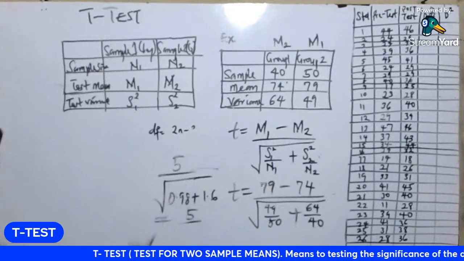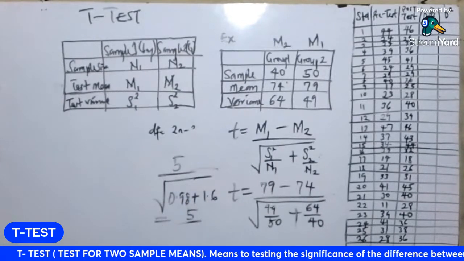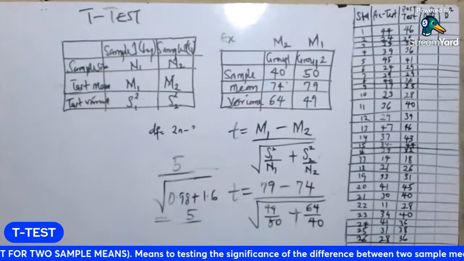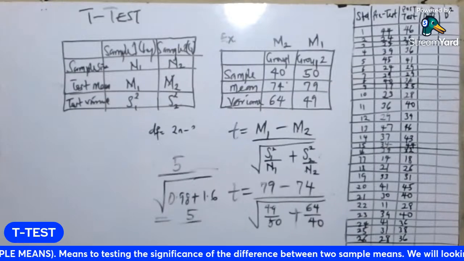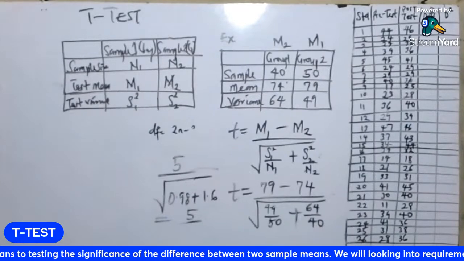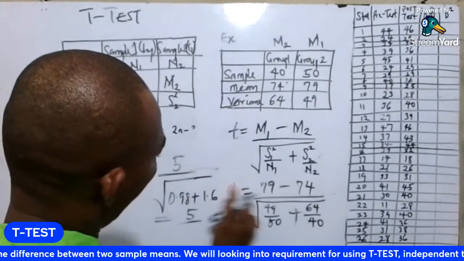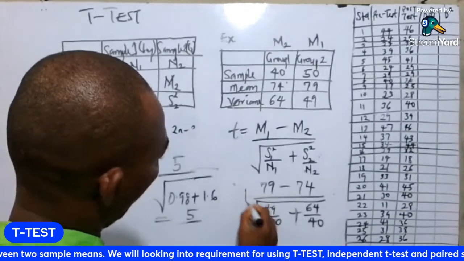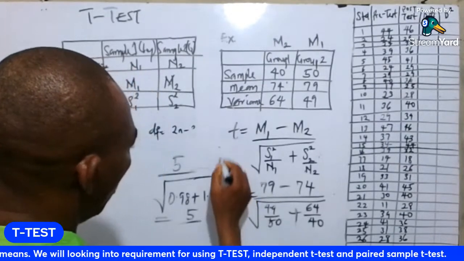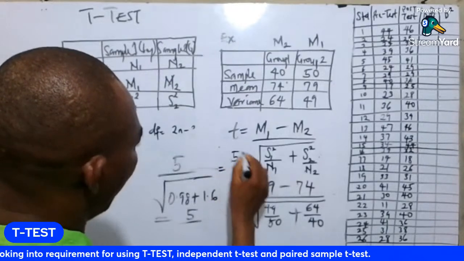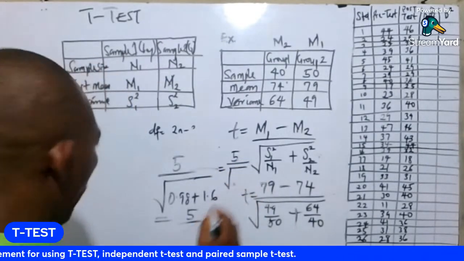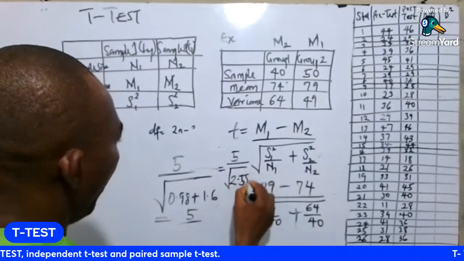So if I add this now, 0.98 plus 1.6, that will give me 2.58. So let me just use this place. My t is equal to this. That is 5 over the square root of 2.58.